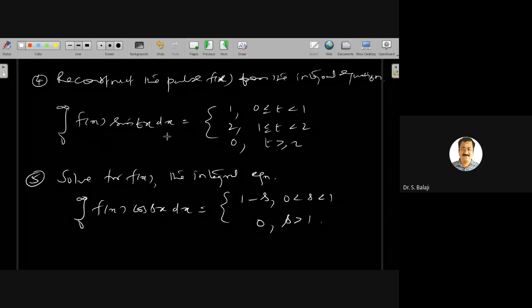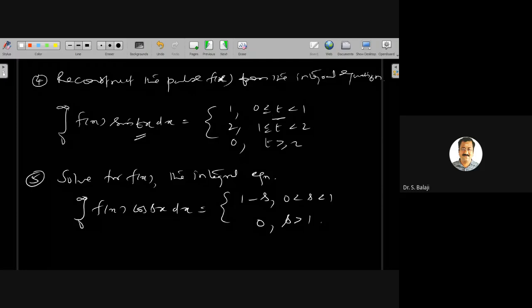f of x sin tx dx. Instead of sx here, I am using the variable t.